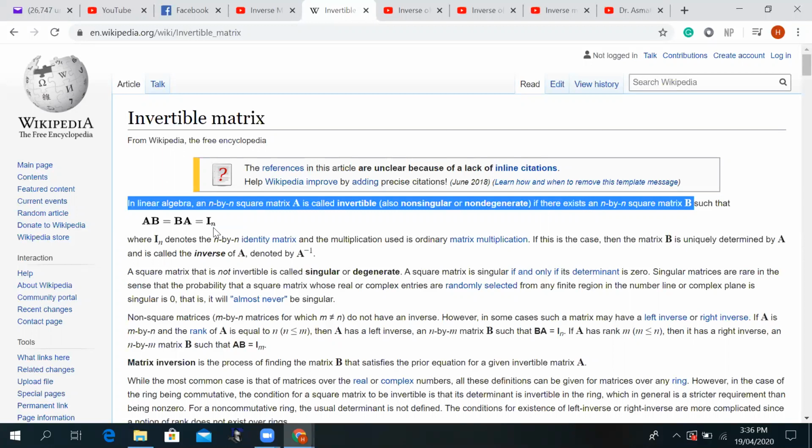So for example, if you have a product AB equal to identity, then I am justified in calling A as A inverse and B as A. But if you have first B and then A, so if you have BA and that product is also equal to identity, then that means that I can call B as my A and A as A inverse. So A inverse could be on the left side or on the right side.